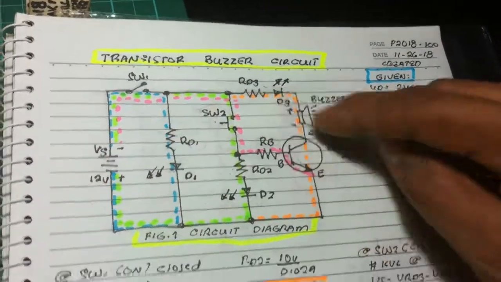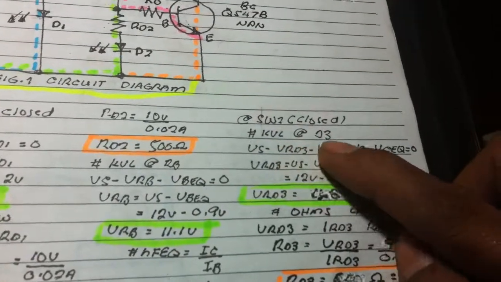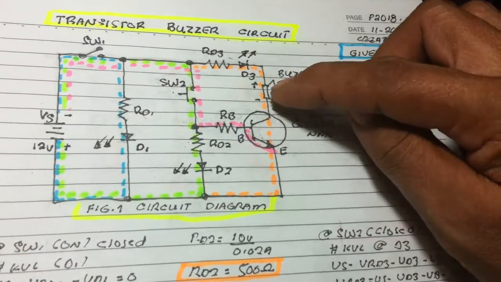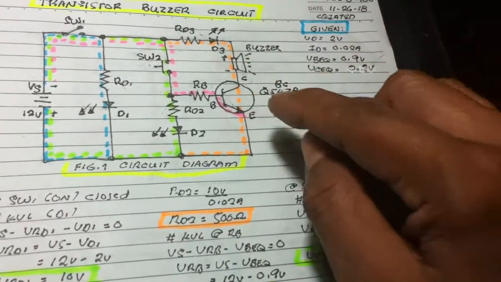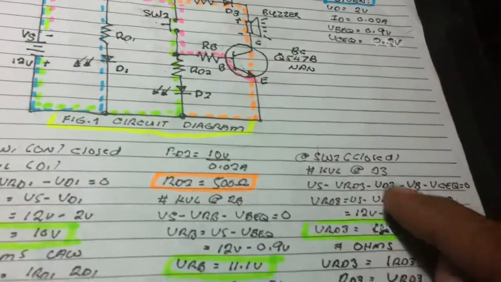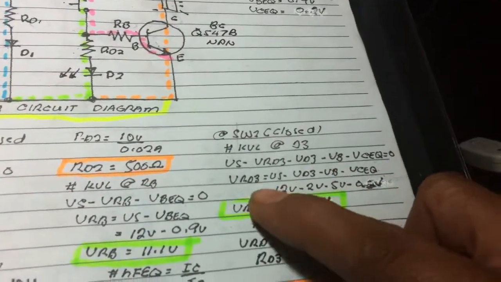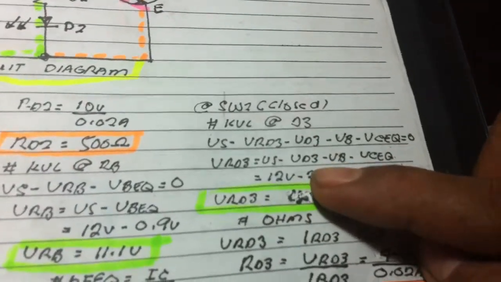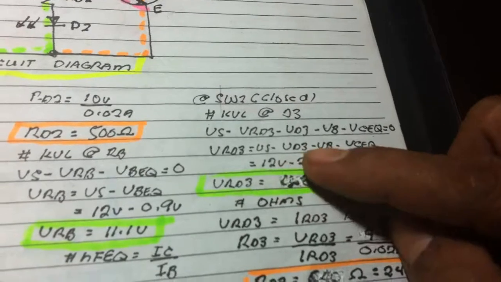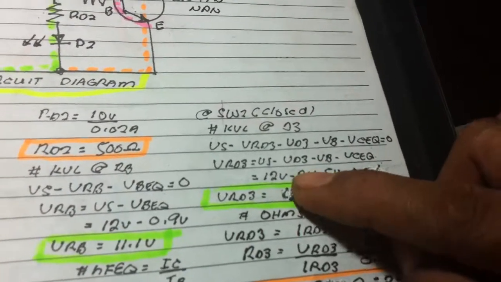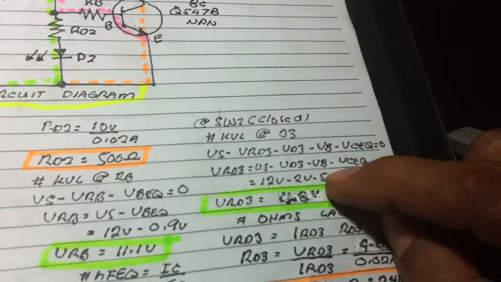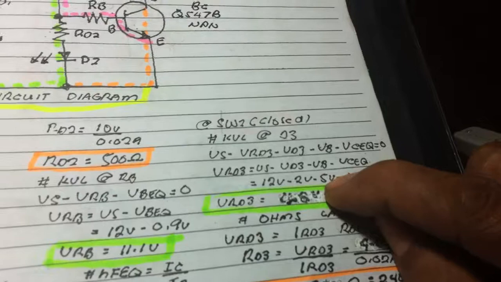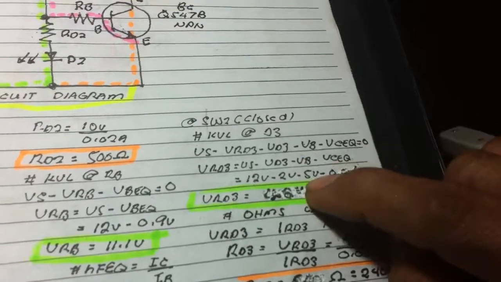KVL: the voltage supply minus the voltage drop across the resistor RD3, the diode, the buzzer, and the collector to emitter junction of the transistor. Transposition, substitution. We got here the voltage supply 12 volts, voltage drop at the diode 2 volts. Also, the voltage rating of the buzzer is 5 volts. That is given in the datasheet of the buzzer, 5 volts.